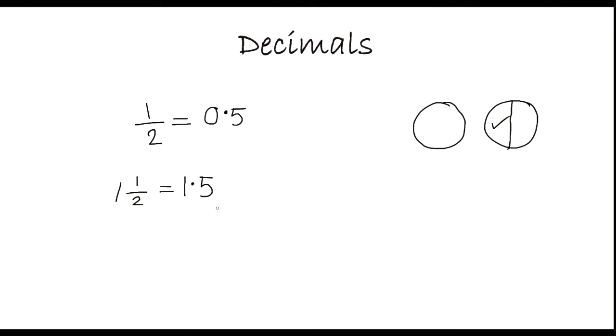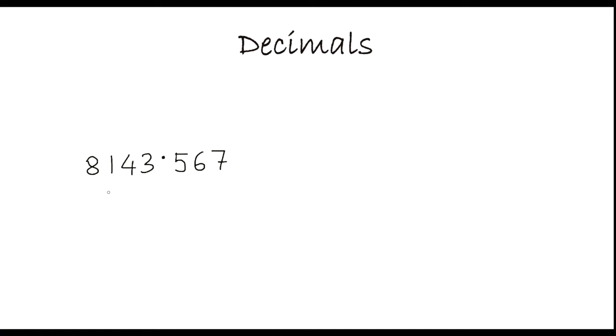Now let's look at some of the names of the specific places after the decimal point. Here I have a number. This is a decimal number, and there are 4 digits before the decimal point and 3 digits after the decimal point.